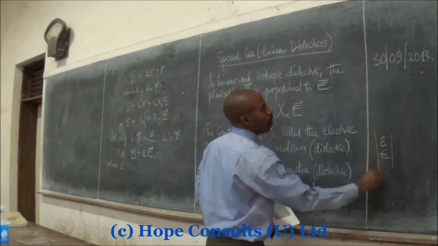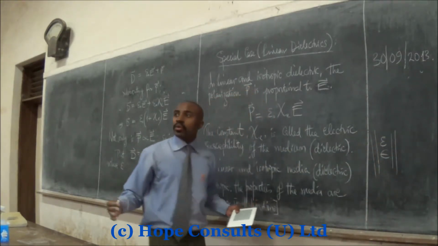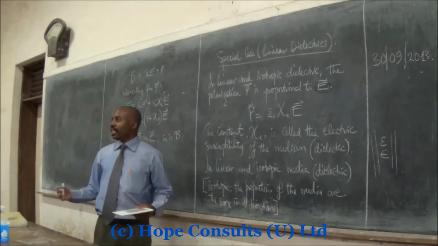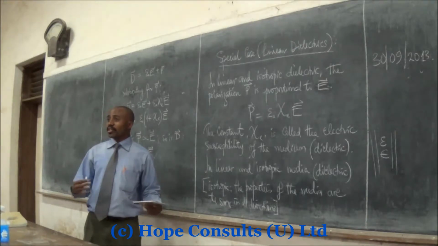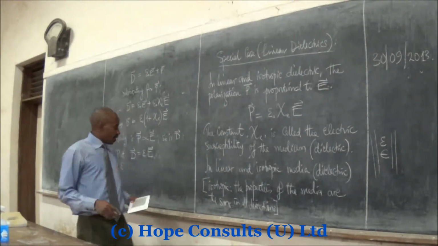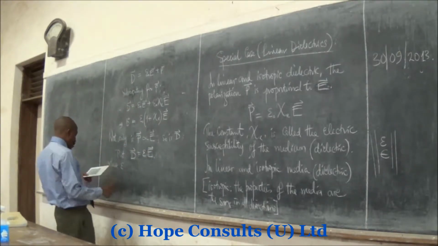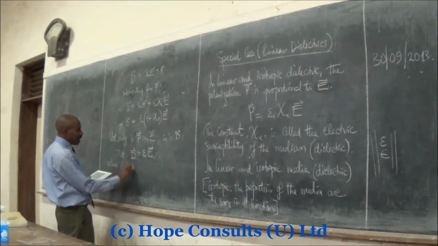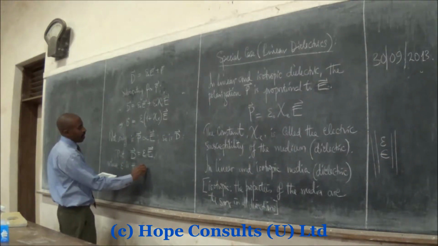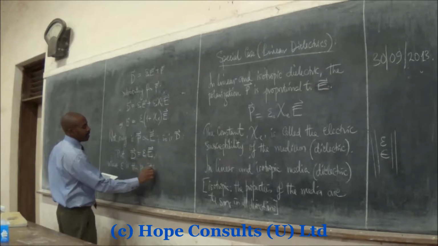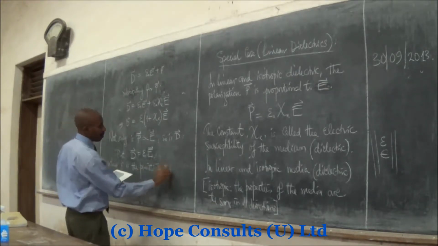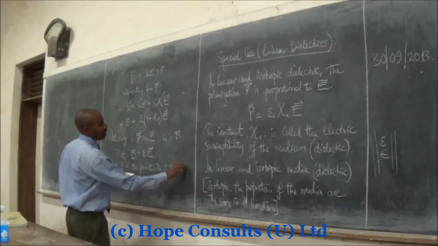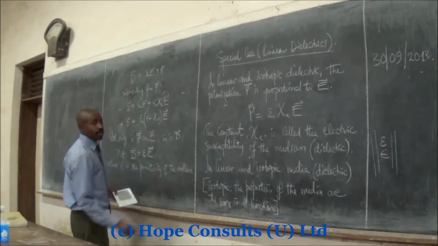So you need to know that whenever you open a book, each author decides to use something that will make him or her special. Epsilon is the permittivity of the medium, for this case the dielectric.